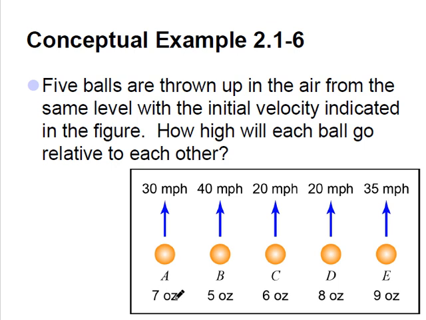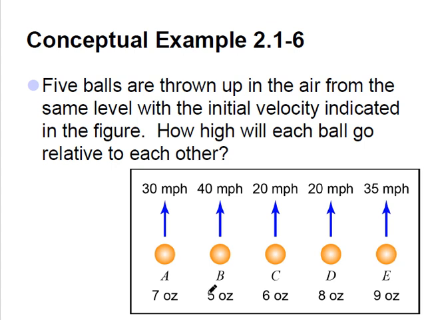You have a 7 ounce ball at 30 miles per hour that you're going to throw up. B, 40 miles per hour, 5 ounces. 6 ounces, 20 miles per hour. Pay attention to the weight of that ball: 8 ounces, 28 miles per hour. 9 ounces, the ball is going to be 35 miles per hour.